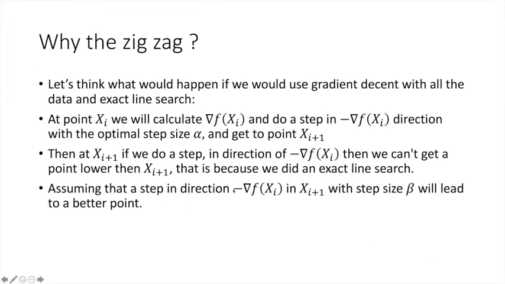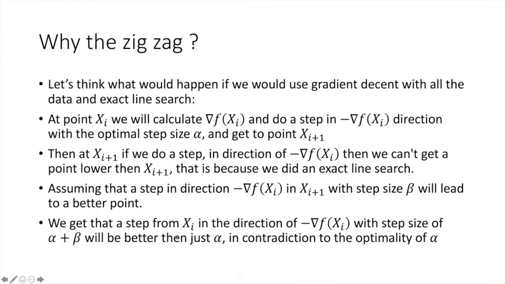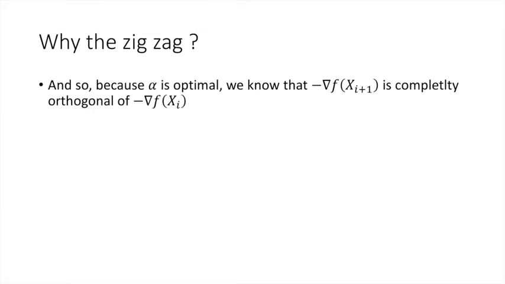Assuming that the step in direction minus the gradient of xi from point xi plus 1 with step size beta will lead to a better point, meaning with a lower value than xi plus 1, we get that the step from xi in direction of minus gradient with step size of alpha plus beta will be better than just alpha, in contradiction to the optimality of alpha, which we got using exact line search. And so, because alpha is optimal, we know that minus the gradient at location xi plus 1 is completely orthogonal to the minus gradient at location xi.